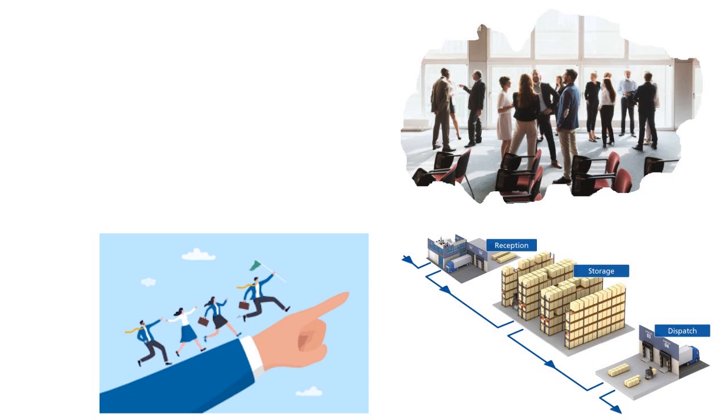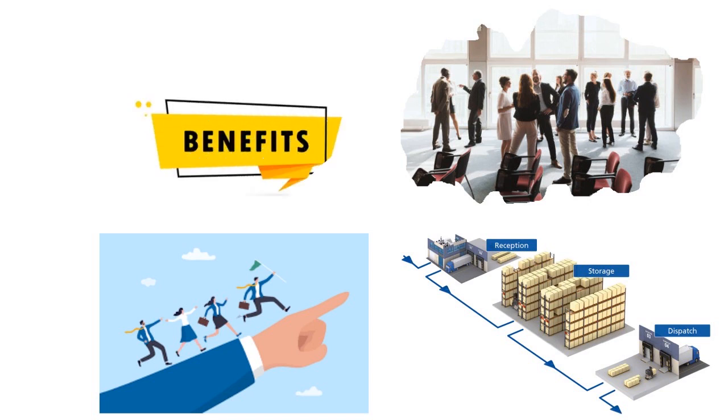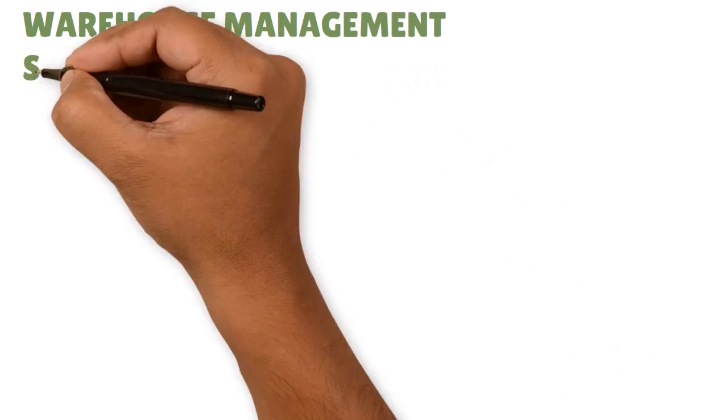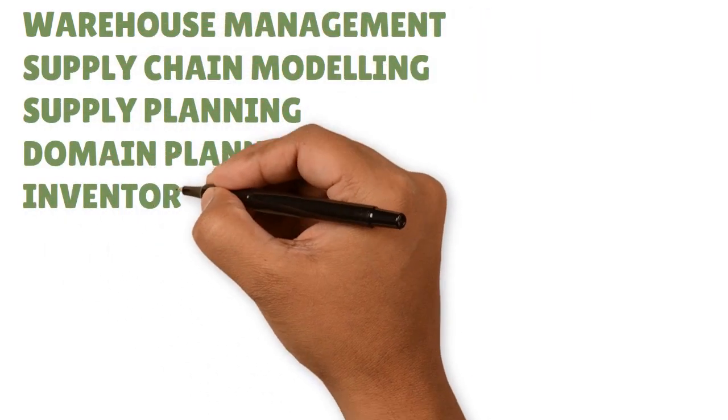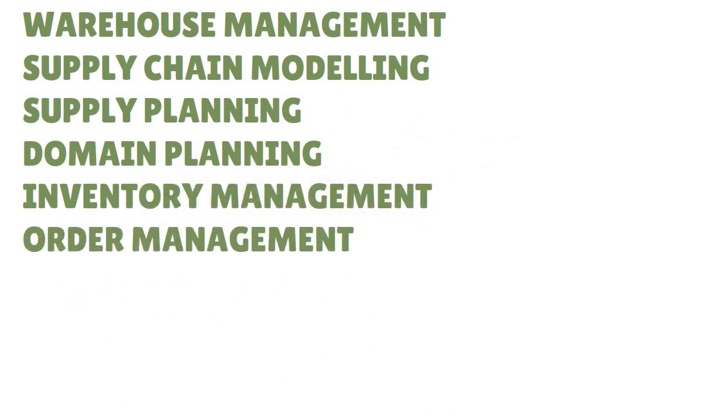In other words, you got to reach a certain critical mass to be able to enjoy the benefits that come from this software. Okay, but you have specific features that actually help you in terms of warehouse management, supply chain modeling, supply planning, demand planning, inventory management, order management, and so on and so forth.